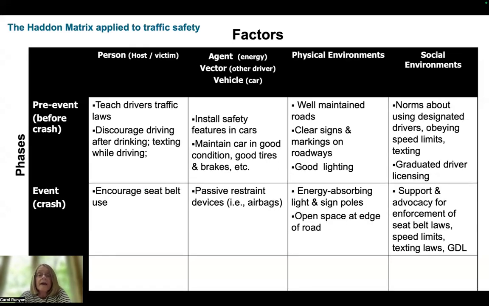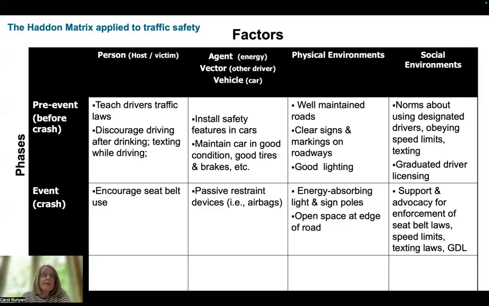Strategies at the event phase sometimes get a little confusing, so I want to be sure I'm clear about this. This is where we encourage seatbelt use. And I know many of you are thinking, wait a minute, don't you put your seatbelt on before there's a crash? Aren't seatbelts put into the car well before you even buy the car? Yes, but they have their effect at the time a crash occurs.